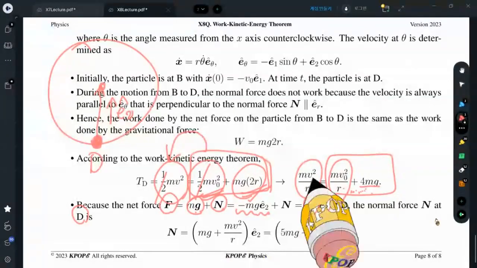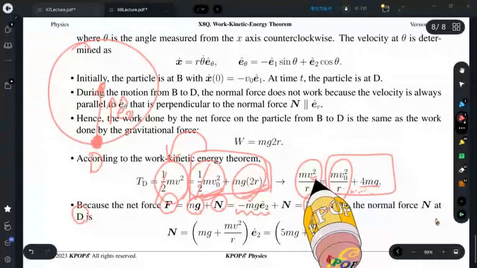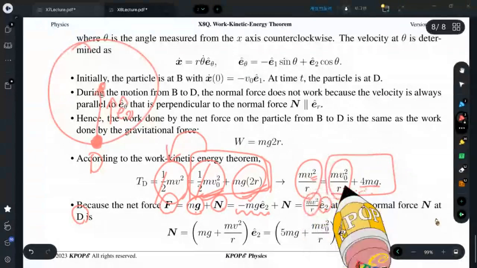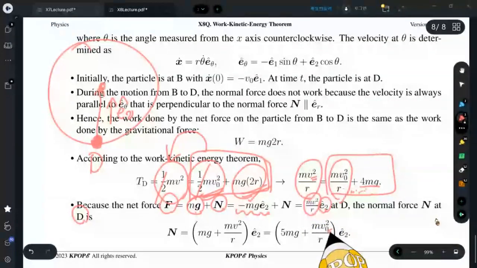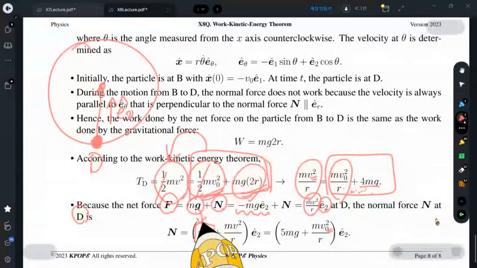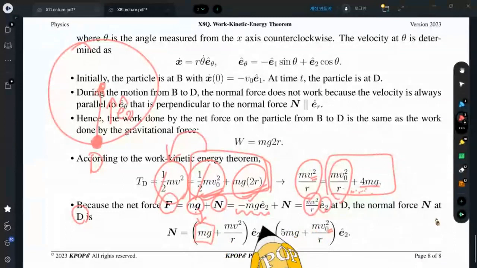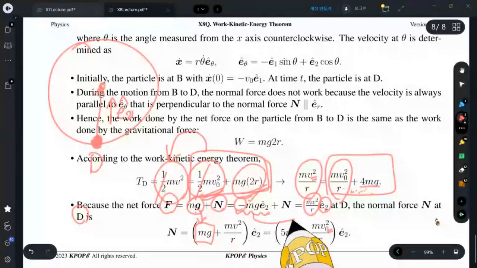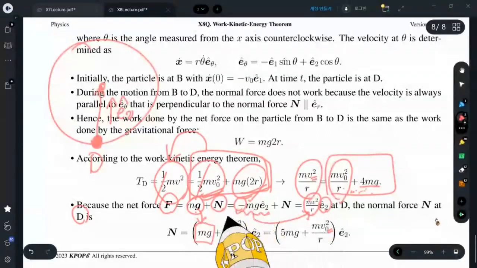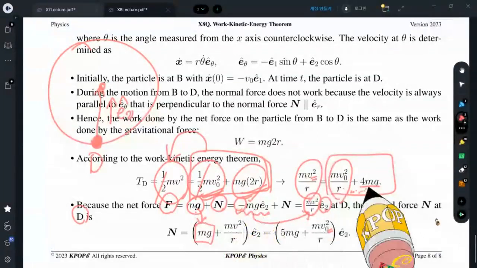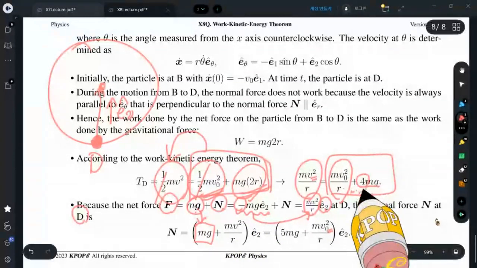And this v is replaced with v0 squared. And this mg is there. This negative mg, if it moves to the right, becomes plus mg. And then I need to add the 4.